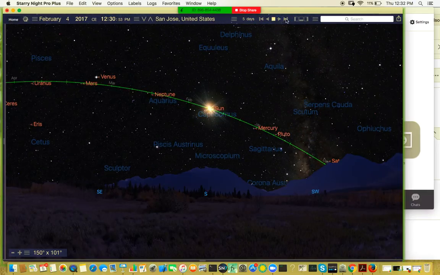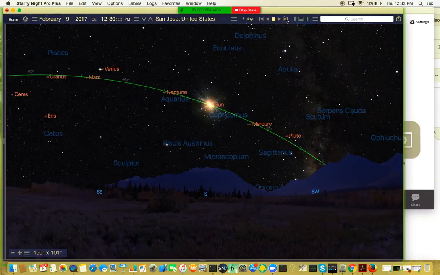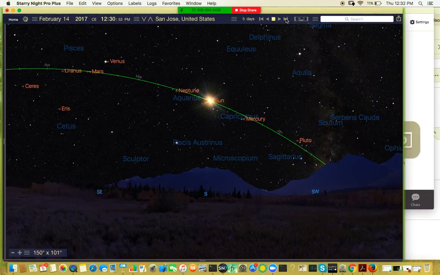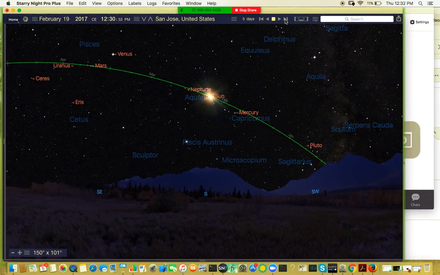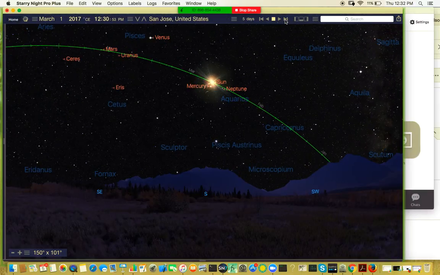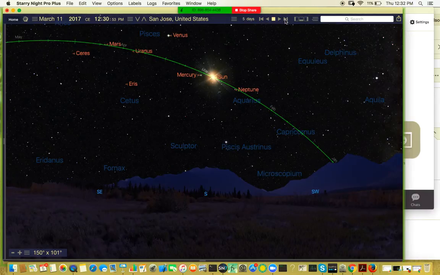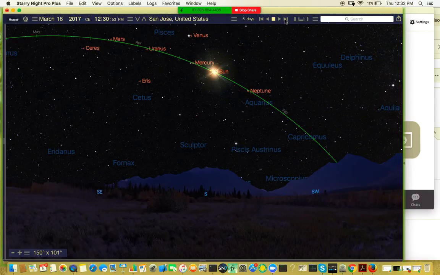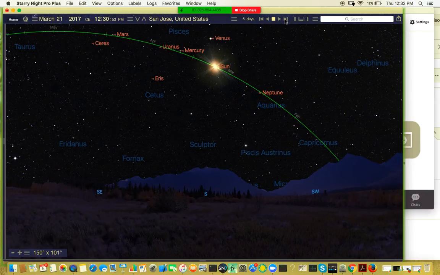See what happened with the constellations? 5 days at a time, the Sun seems to be moving towards the east, or better said, the constellations seem to be moving towards the west.